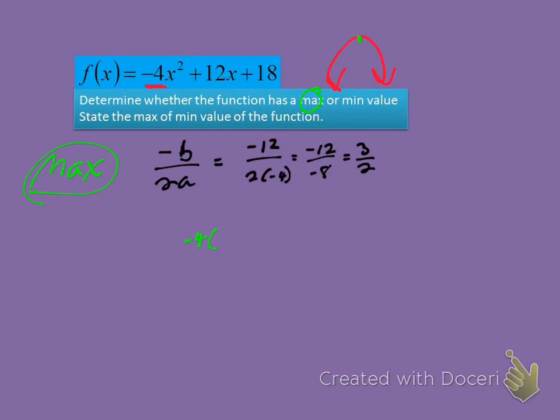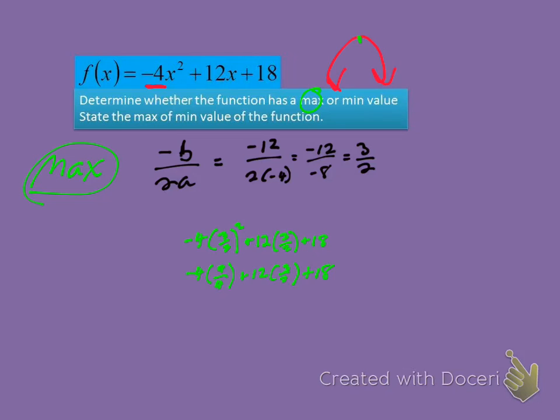So -4 times 3 halves, quantity squared, plus 12 times 3 halves, plus 18. Once again, if at this point you go to your calculator, cool. All right? So -4, 3 halves times 3 halves is 9/4, plus 12 times 3 halves, plus 18.